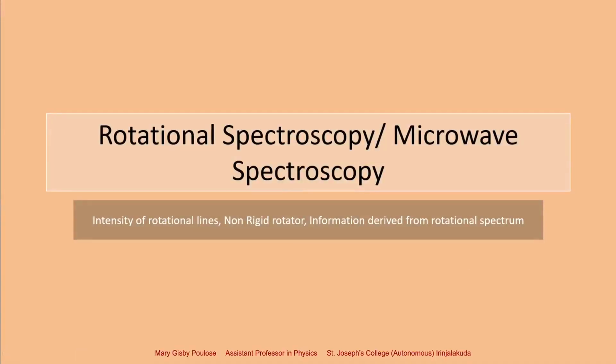Students, today we shall look into the intensity of the different spectral lines in the rotational spectrum, the non-rigid rotator, and the information that we can derive or understand from such a rotational spectrum or microwave spectrum.